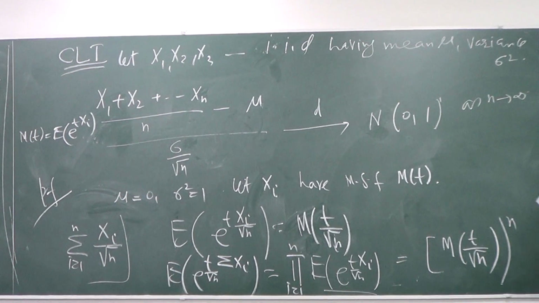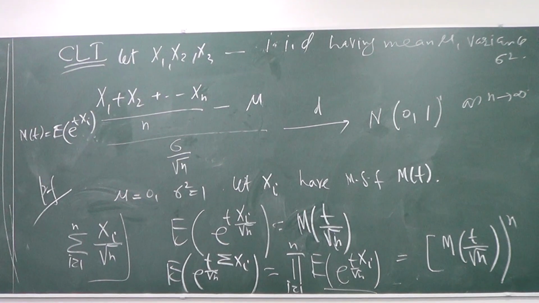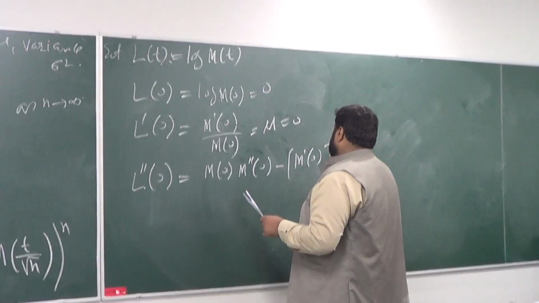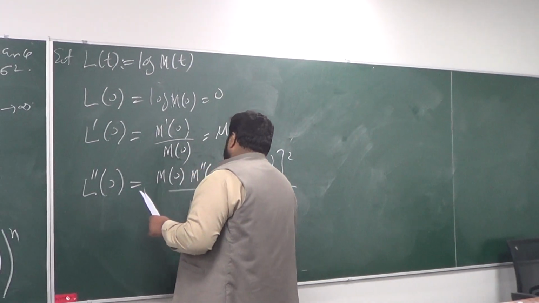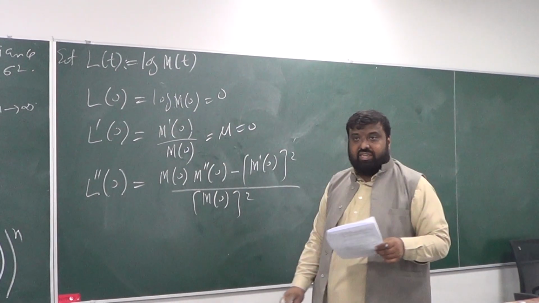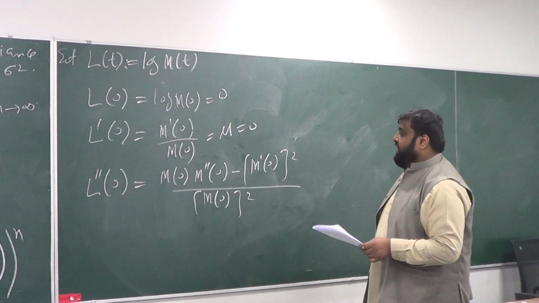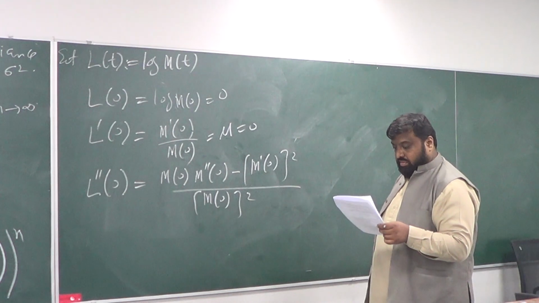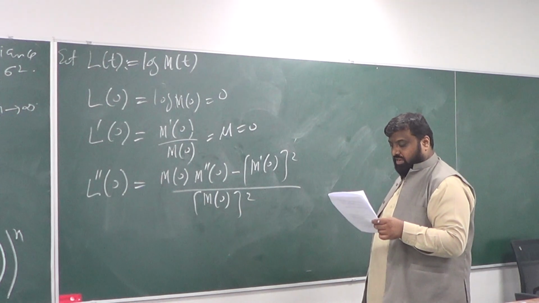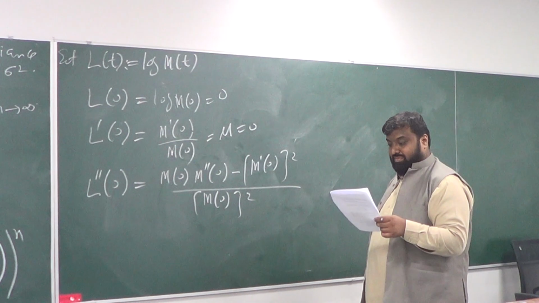Okay? How about L double prime of 0? So this is going to be m of 0 times m double prime of 0 minus m prime of 0 squared, and everything divided by m of 0 squared actually. So what is it?